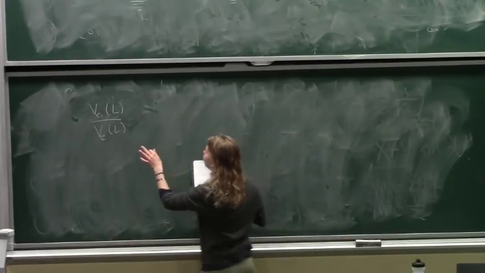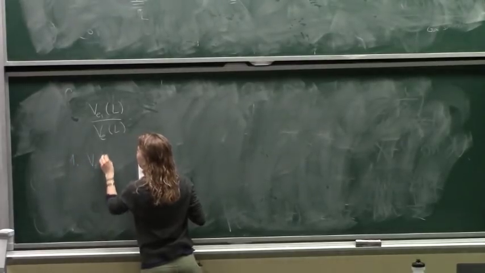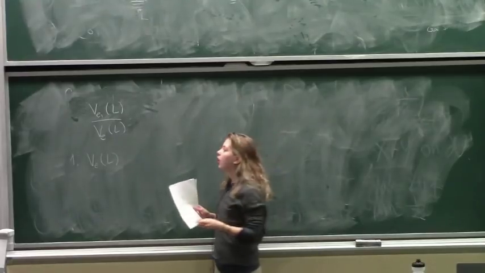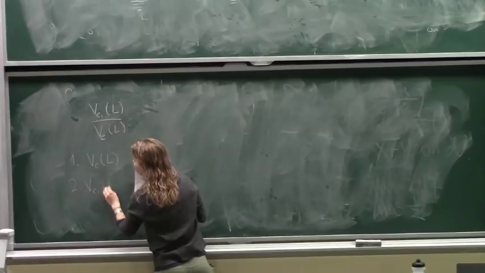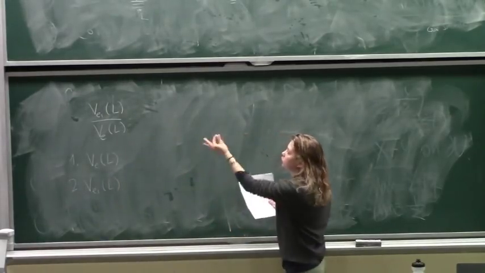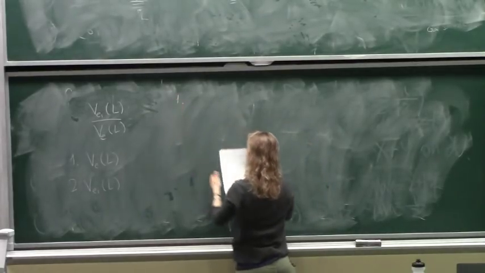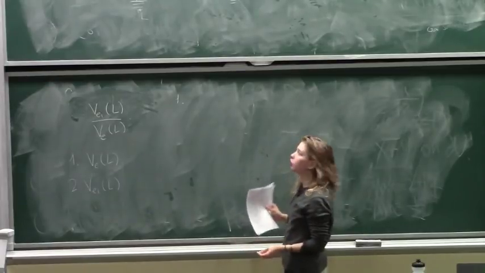So the strategy would be first to find VE of L, when you have only your excitatory input. The second would be to find when both are present, VEI of L. And then you can just take the ratio. For part 1, we're looking at GE alone, so we can ignore GI.